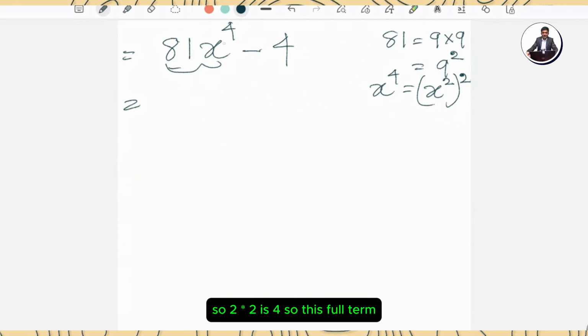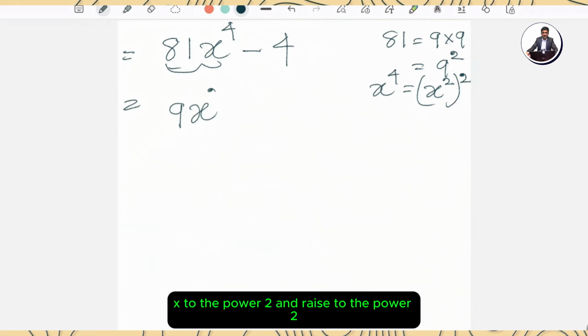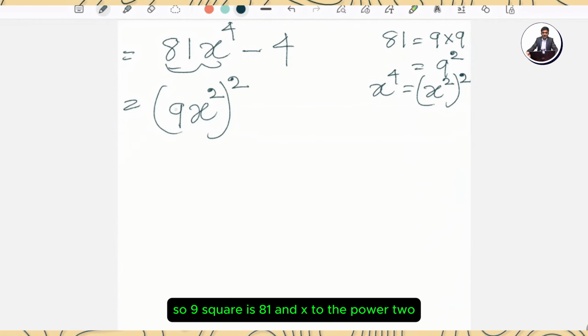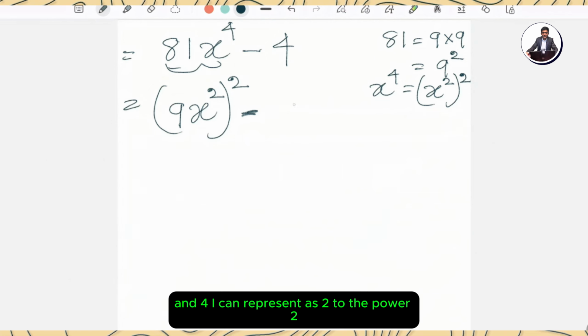So this full term, I can replace like this: 9x to the power 2 raised to the power 2. So 9 squared is 81 and x to the power 2 raised to the power 2 is x to the power 4. And 4 I can represent as 2 to the power 2.